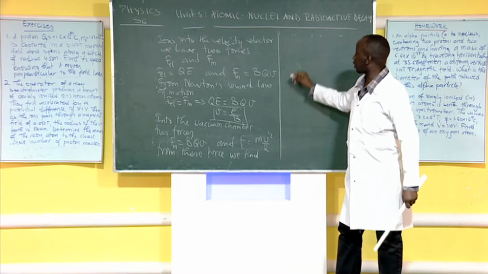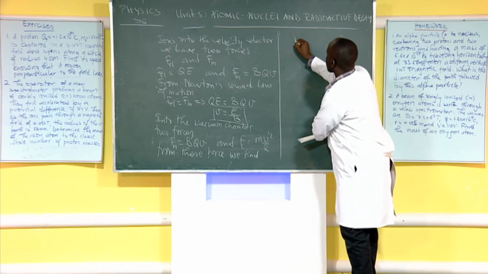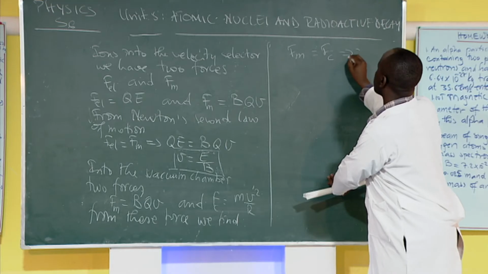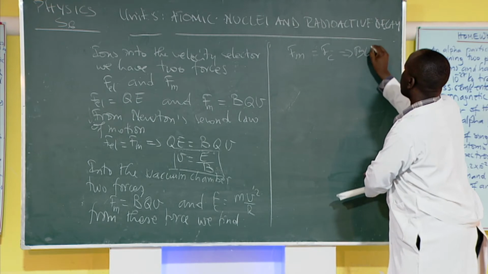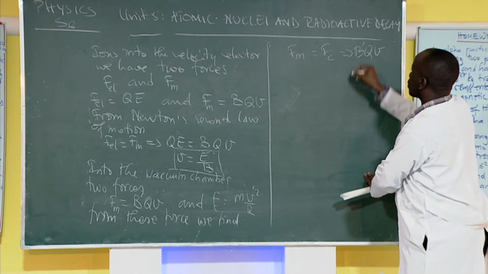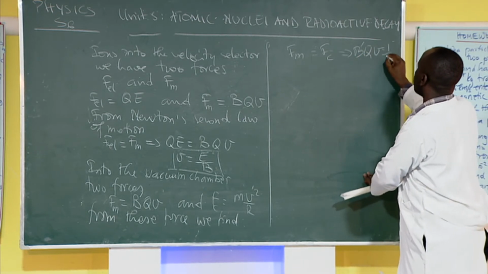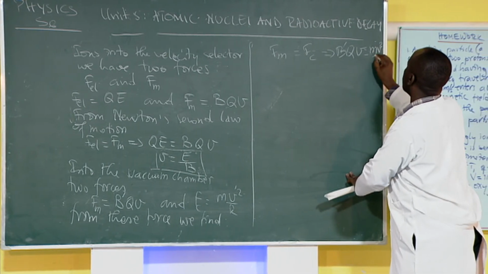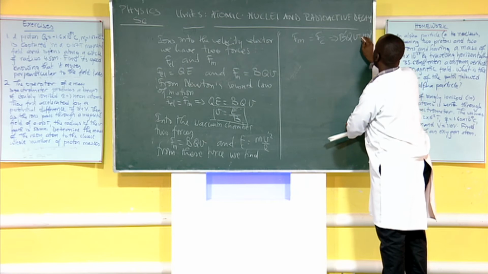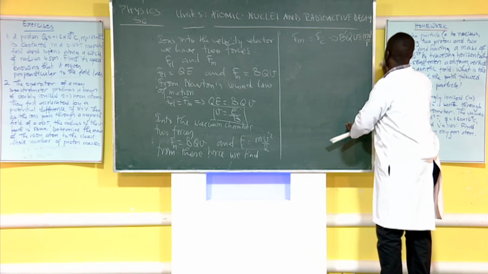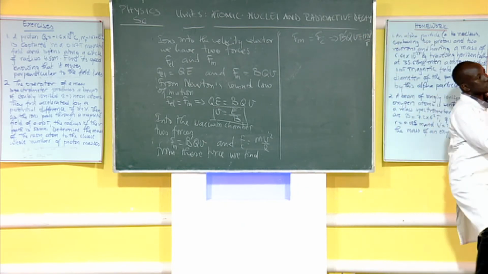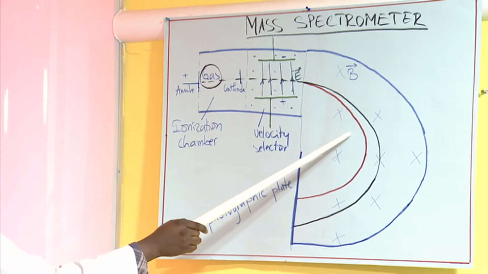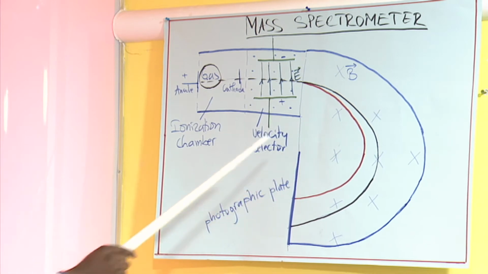So here we have F magnetic equals F centripetal, and this gives B prime Q v equals mass times v square over the radius. So this radius is the radius into which we have this one follows. Do you see that? This is the radius, right?